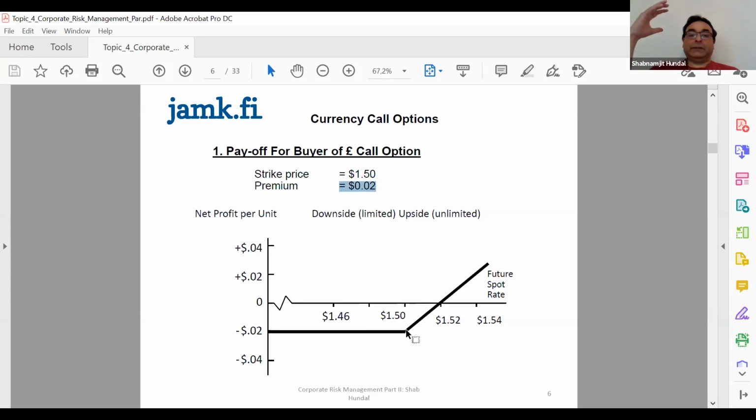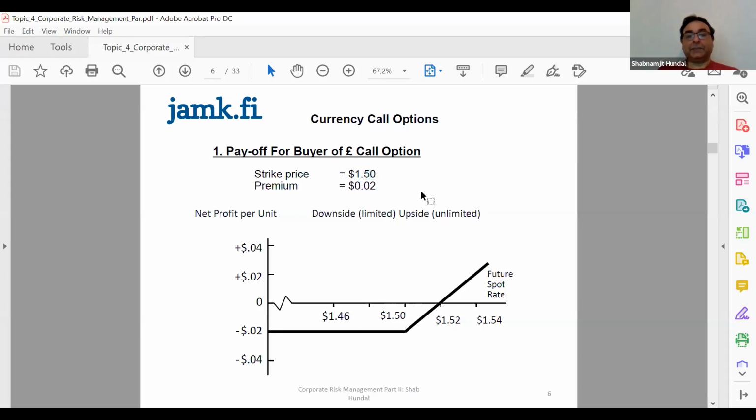So the point I'm trying to make is that as long as the market price is less than the strike price, you will never exercise the option.